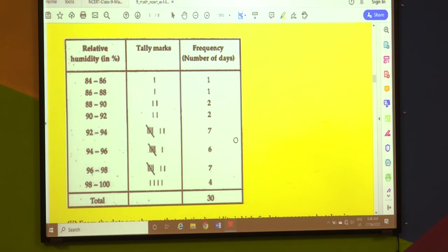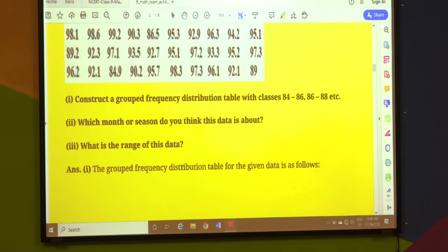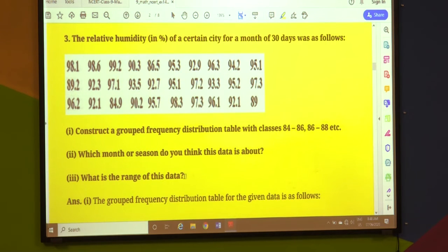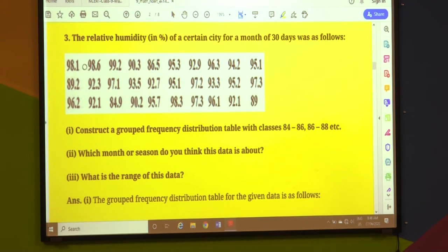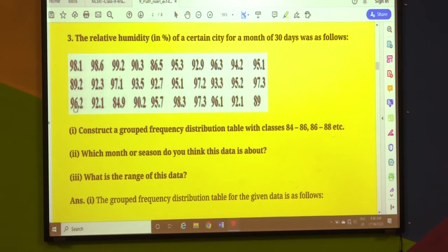Now why have we stopped at 100? What is the reason behind that? Let us go through the data properly. 98.1 is the maximum in the first column. 98.6 is the maximum in the second column. In the third column 99.2 is the maximum.